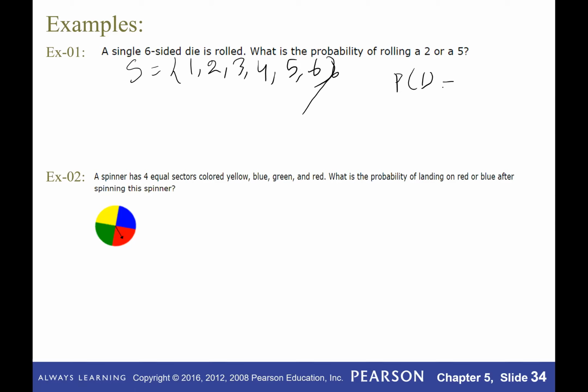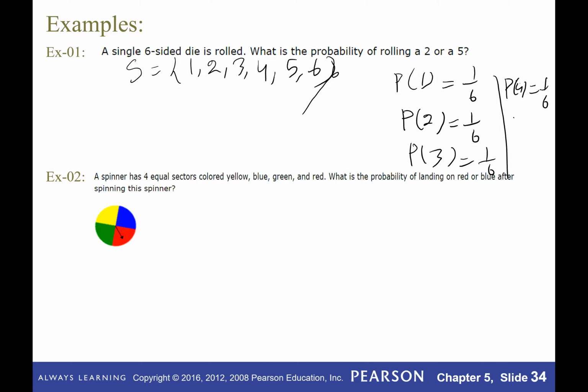So the probability of 1 is 1 over 6, the probability of 2 is also 1 over 6, and likewise the probabilities of 3, 4, 5, and 6 are each 1 over 6.